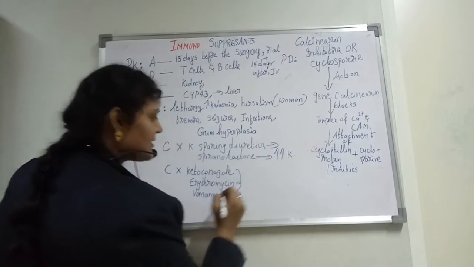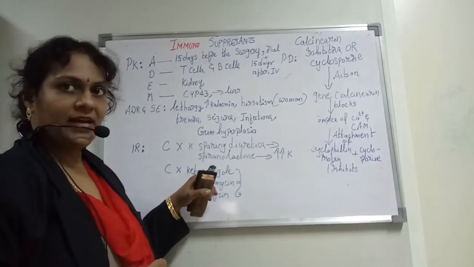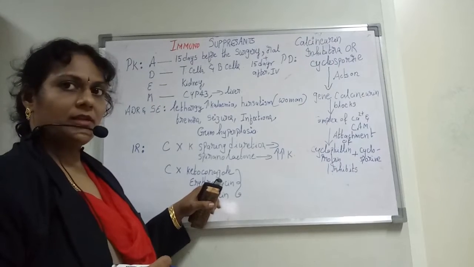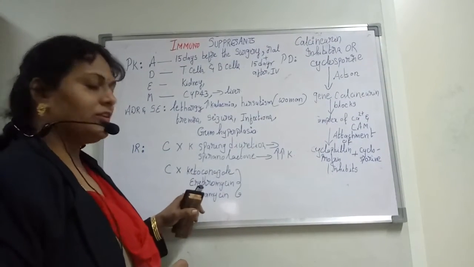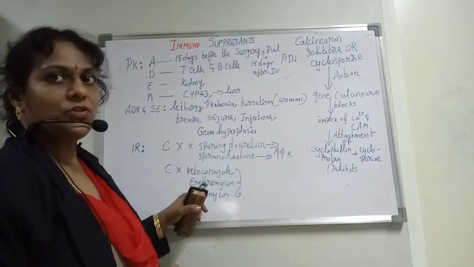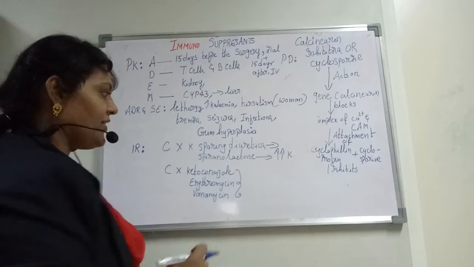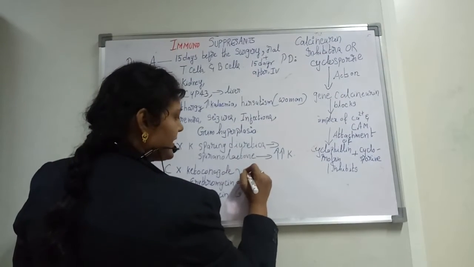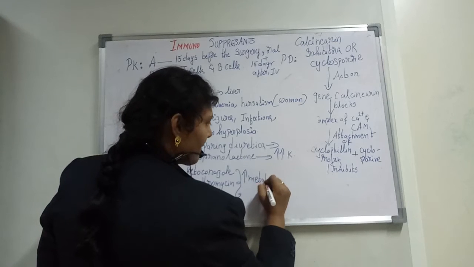So these are called metabolic inducers. Ketoconazole is an antifungal, erythromycin is an antibiotic, and vancomycin is also an antibiotic. So these three are commonly called metabolic inducers. Whenever these metabolic inducers are given, you always have a higher metabolic rate. So this combination is not workable.